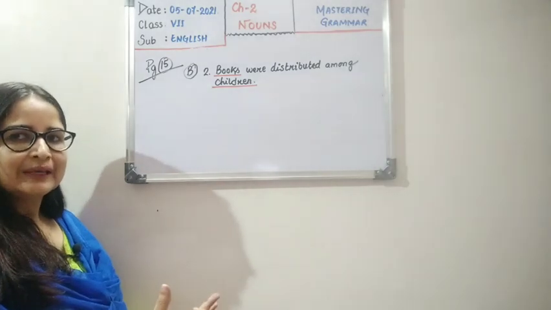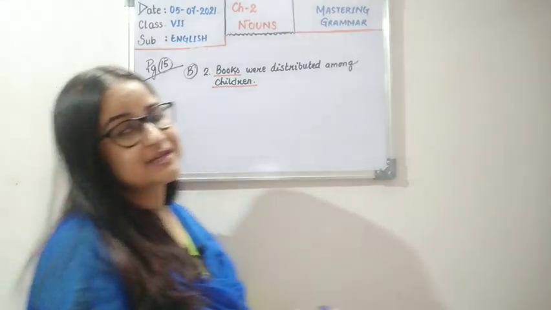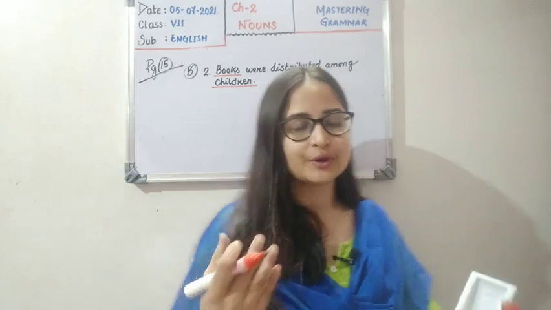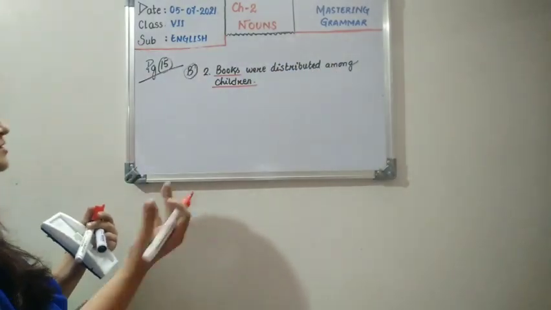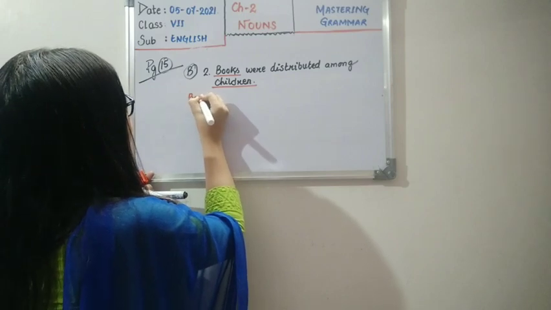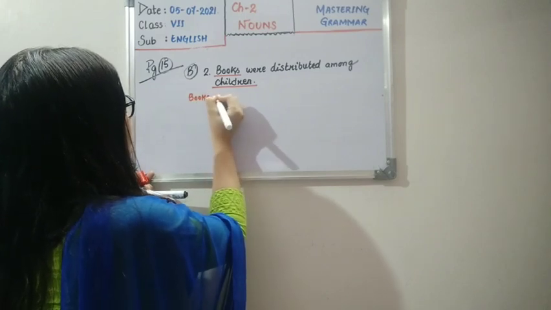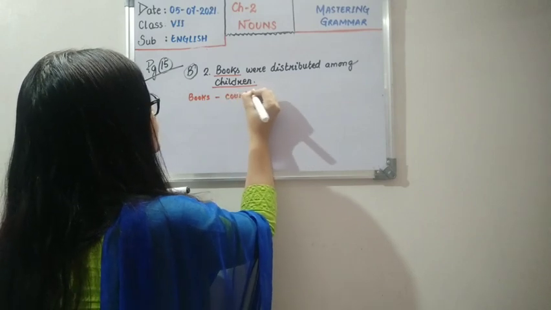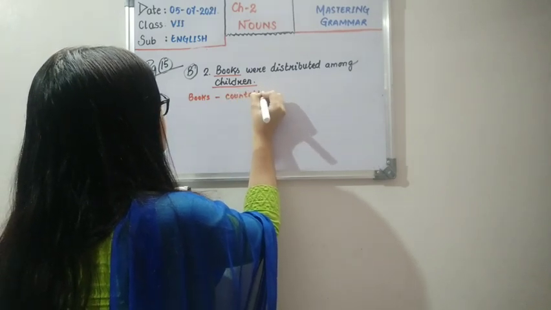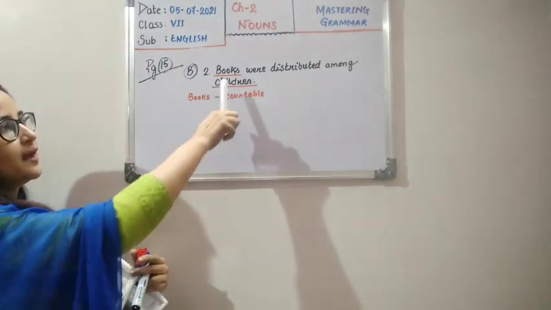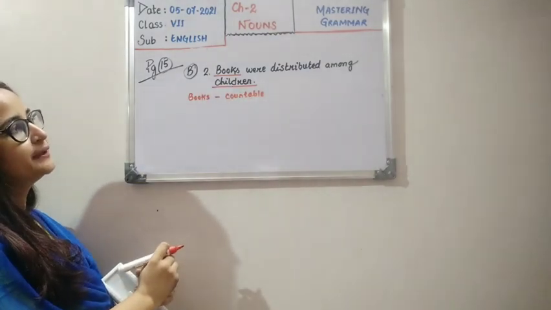So can it be an uncountable noun? Because I told you uncountable nouns do not make plurals. So children, books definitely is what? A countable noun, right? So books are countable.